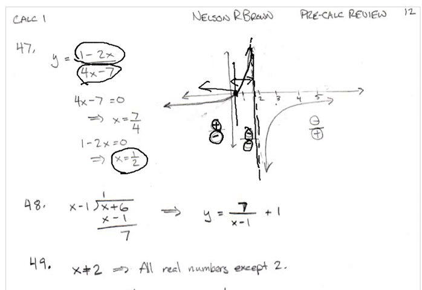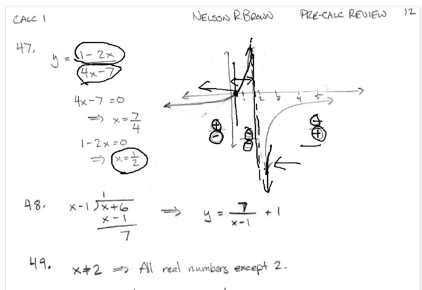For x greater than 7 fourths, 1 minus 2 times something greater than 7 fourths always ends up being negative. And 4x minus 7 for x greater than 7 fourths always ends up being positive. So a negative over a positive gives us a negative, which means that it must shoot downwards towards infinity as x gets closer to 7 fourths.